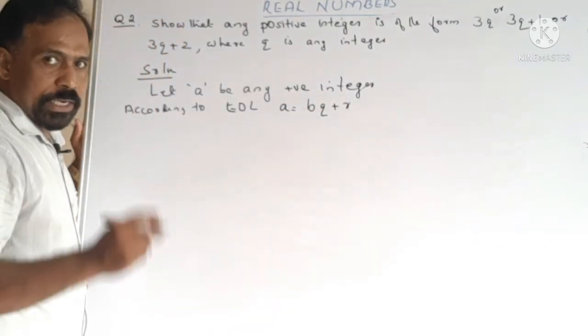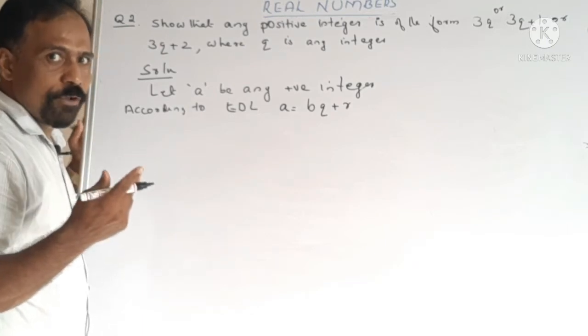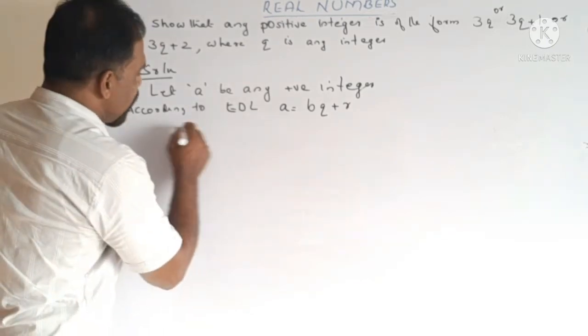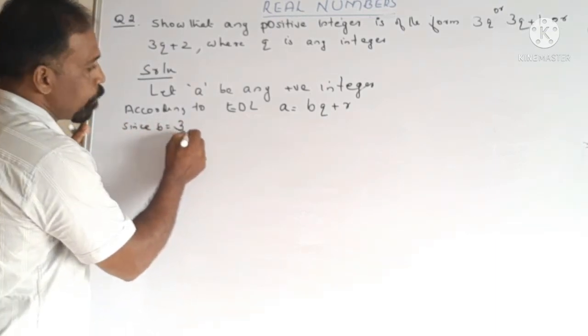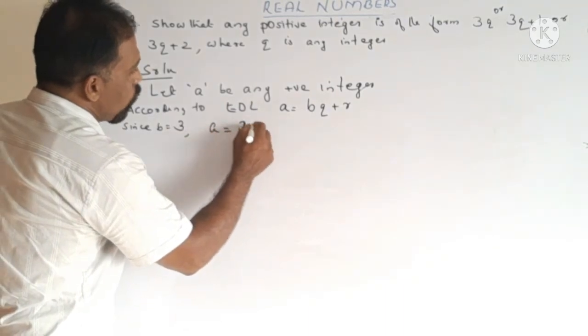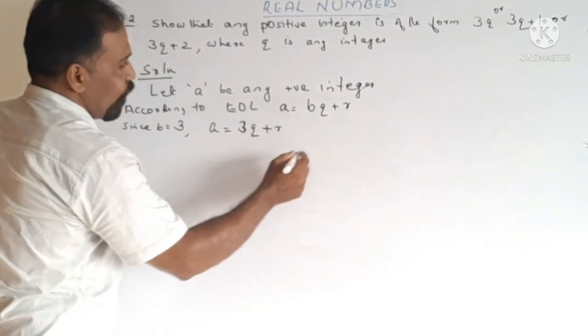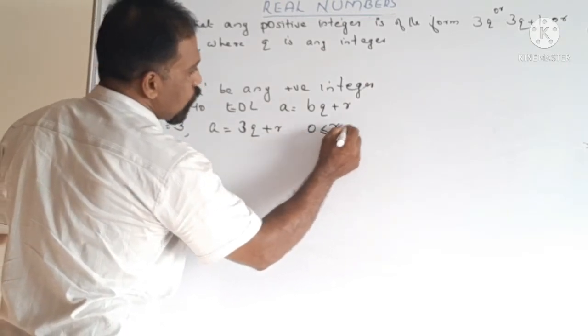Now what is b? b is 3 because it is a clear-cut division by 3. So since b is equal to 3, a is equal to 3q plus r, where r can take the values between 0 and 3.